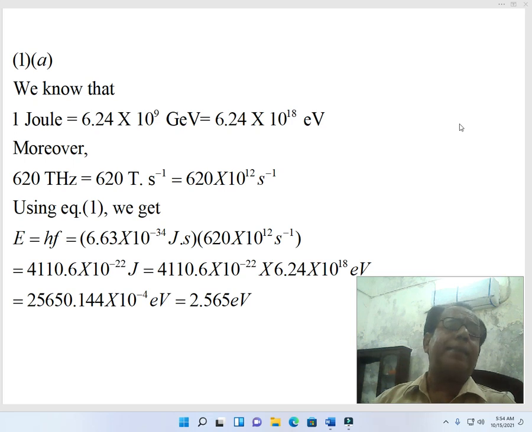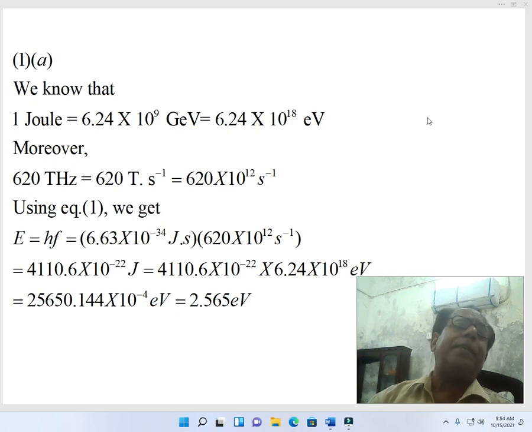Moreover, 620 terahertz is equal to 620 tera per second, because hertz has unit per second. Because tera is equal to 10 raised to the power 12, this will alternatively become equal to 620 into 10 raised to the power 12 per second.